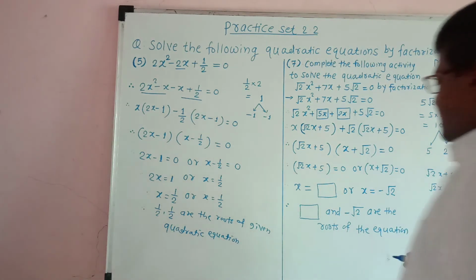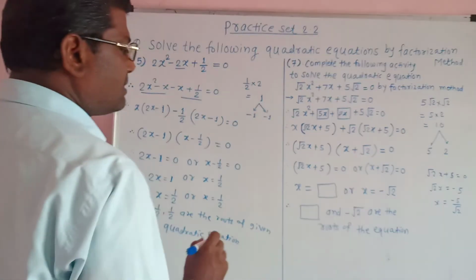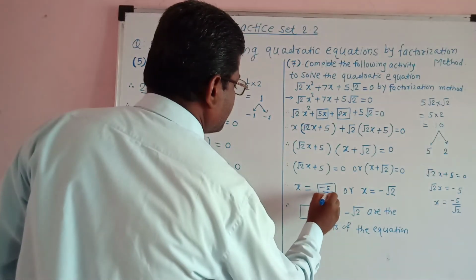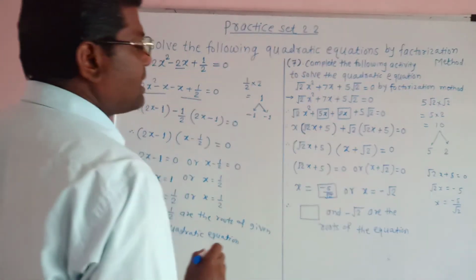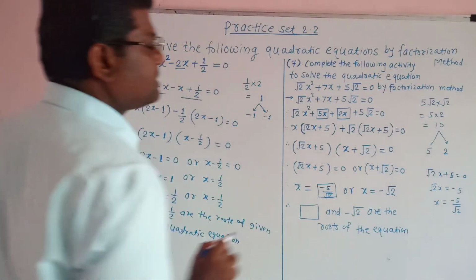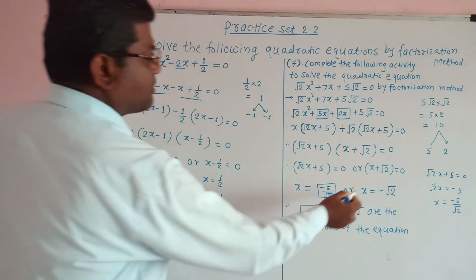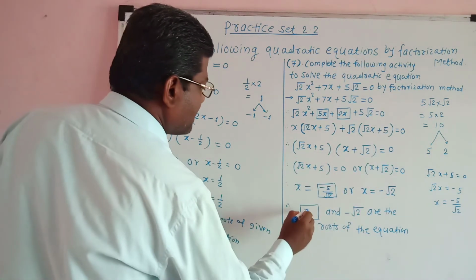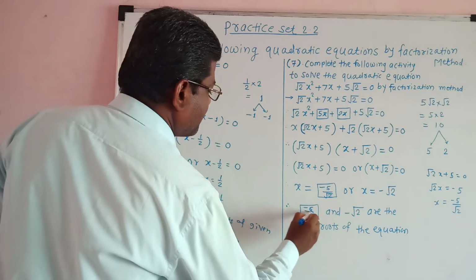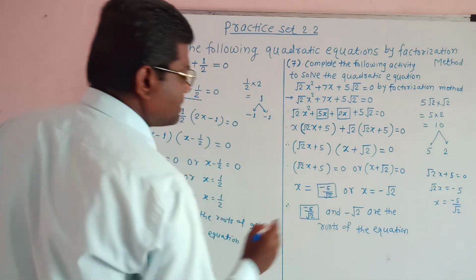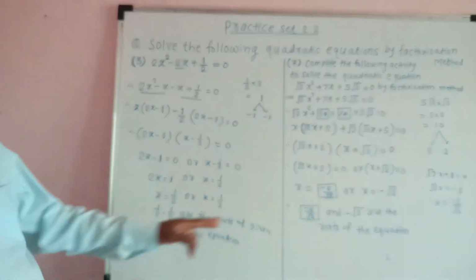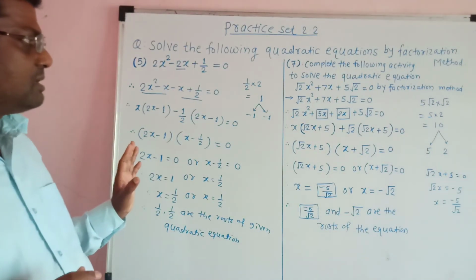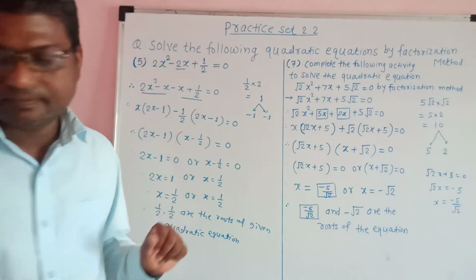Therefore, this value will be minus 5 upon root 2 in this bracket. And now x plus root 2 is equal to 0. Therefore, x is equal to minus root 2. Therefore, here we write minus 5 upon root 2 and minus root 2 are the roots of the given quadratic equation.